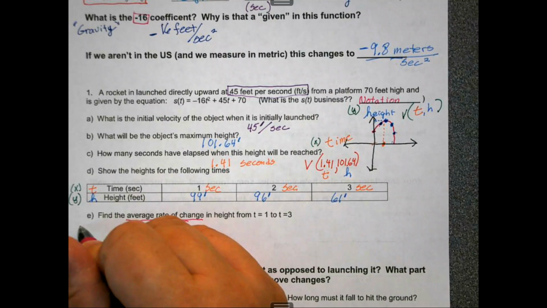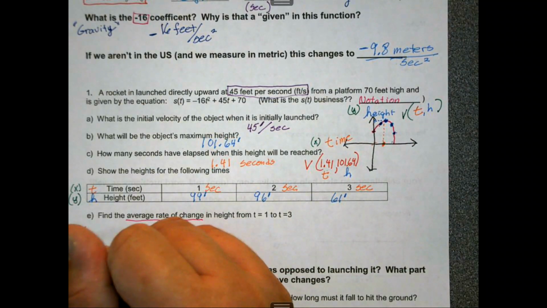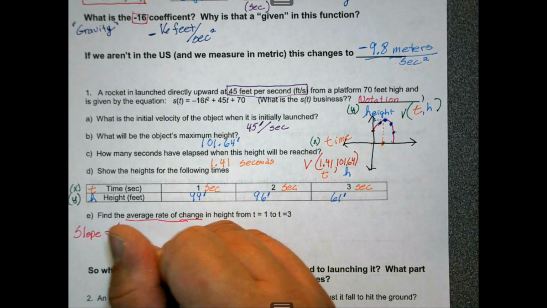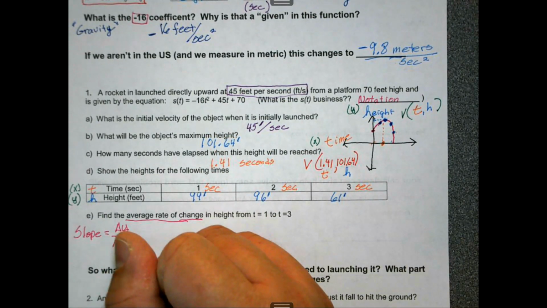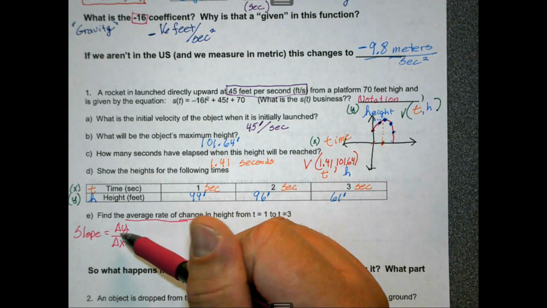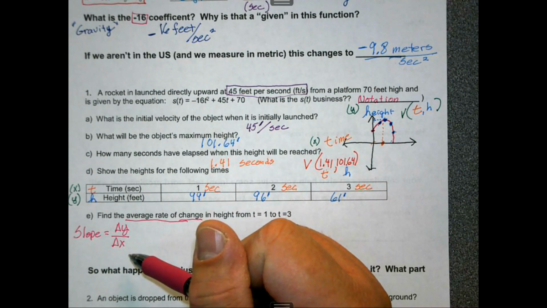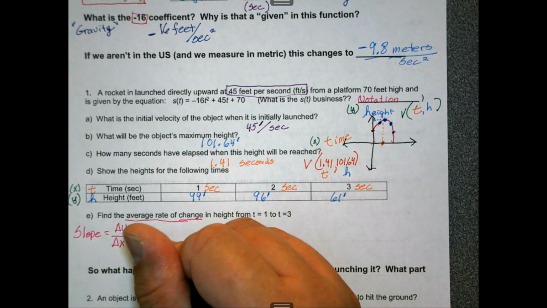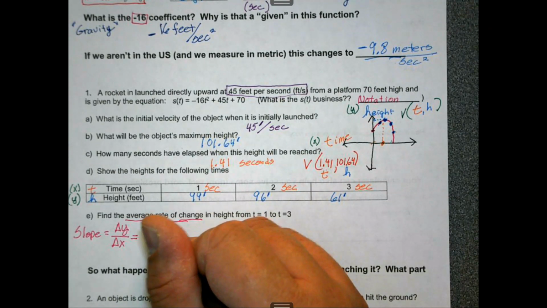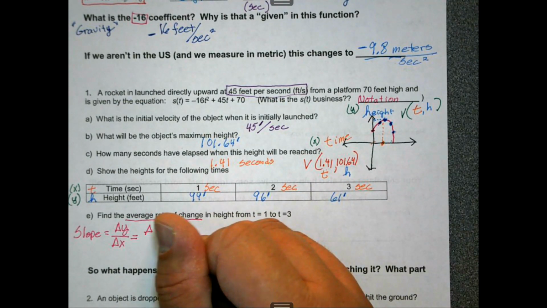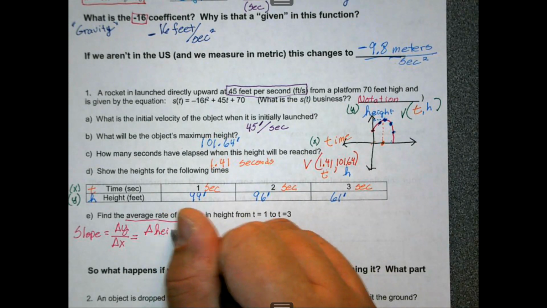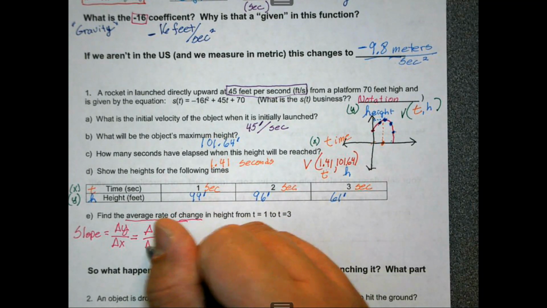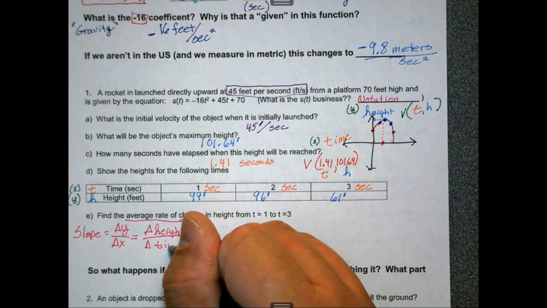Remember what slope is, right? Slope equals the change of y divided by the change of x, or rise over run, right? Up or down over left or right. Well, in our problem, it's the change of height, the change of h, over the change of time, since my x-axis is time.